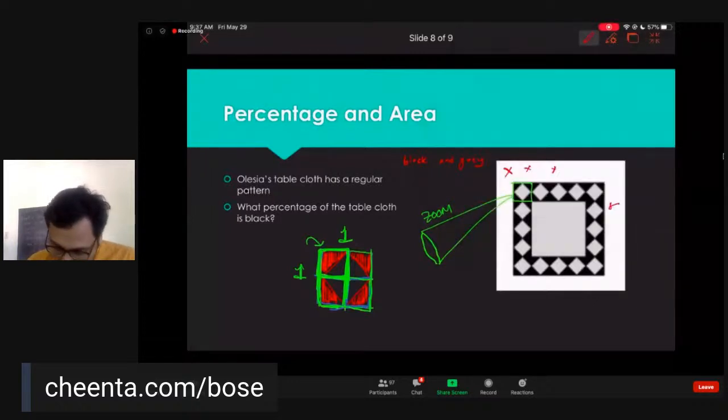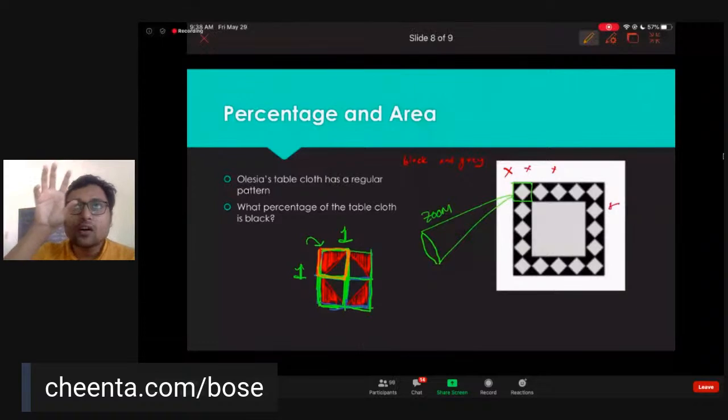Maybe I can mark them in orange or something. So how many parts have I divided this square into? Excellent, excellent. As many of you realize, each of these parts is 1/4 of the actual square.